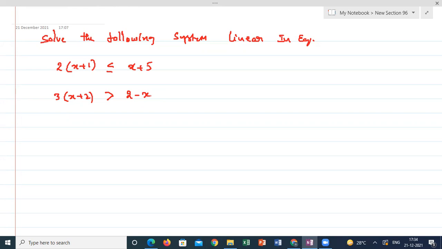Check it again. -2 open interval, 3 closed interval. I didn't hear you properly.